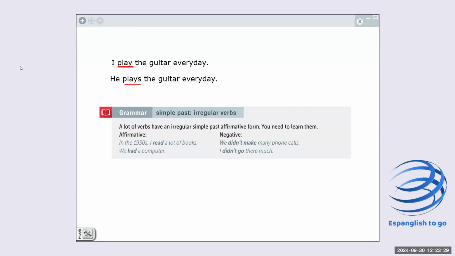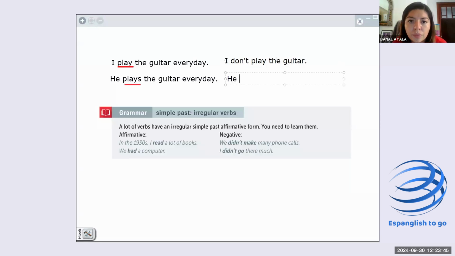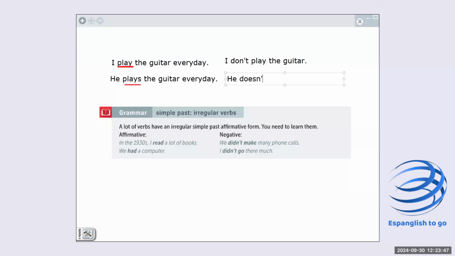And then in the negatives, we have I don't play the guitar, and he doesn't play the guitar. So we have to remember to make the change for I don't and he doesn't.